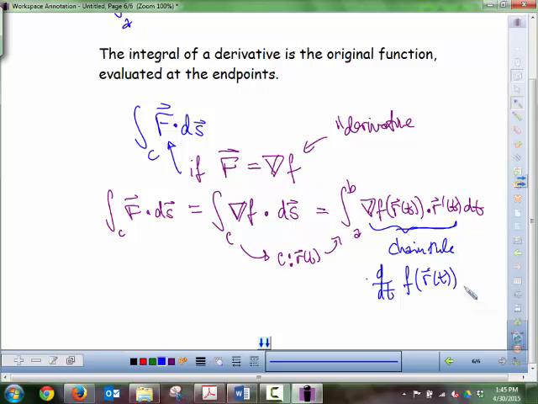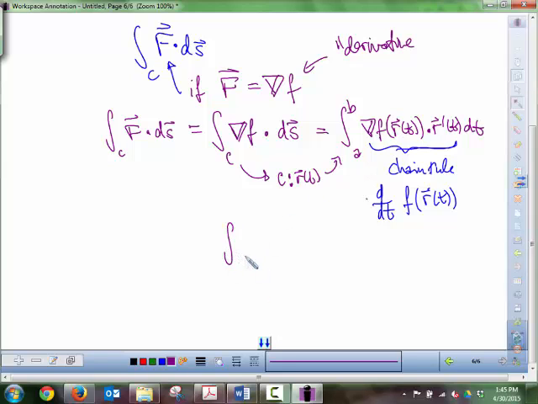Okay? So what do we have? We essentially have the integral of a derivative, and what did we say the integral of a derivative is equal to? The original function, well, evaluated at the endpoints. Right?